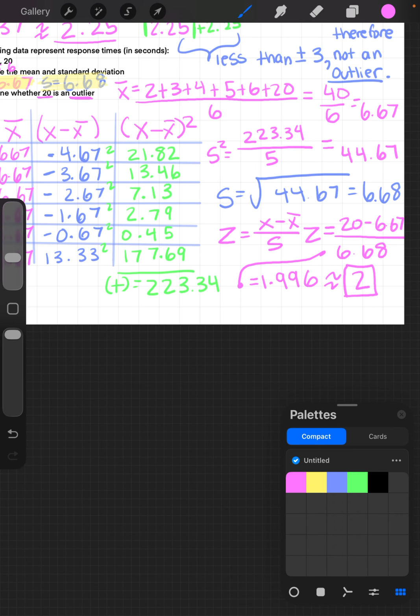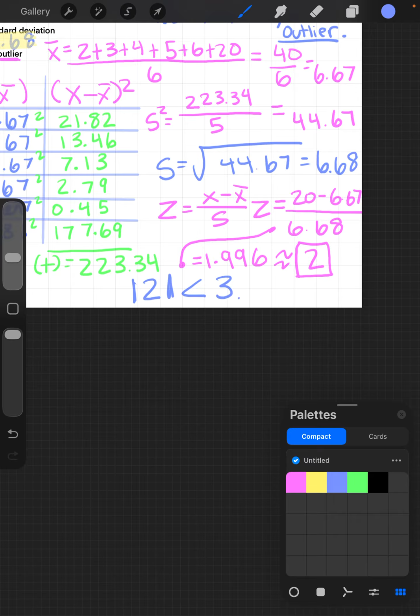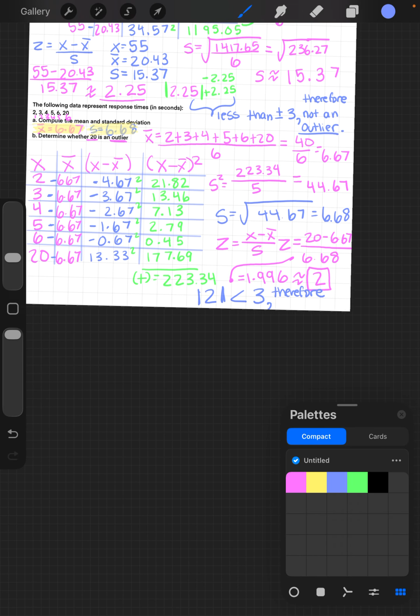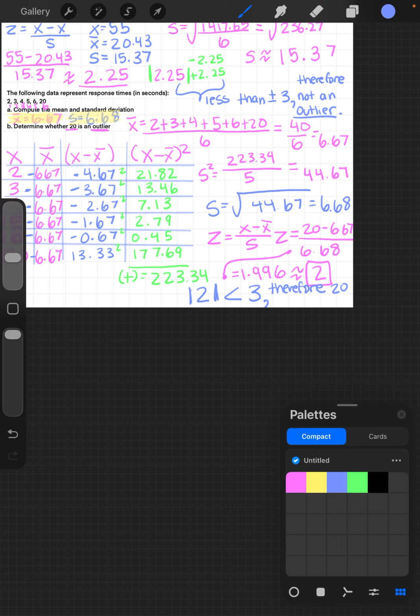And then this is less than 3. So therefore 20 is not an outlier.